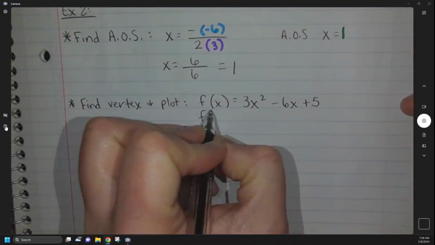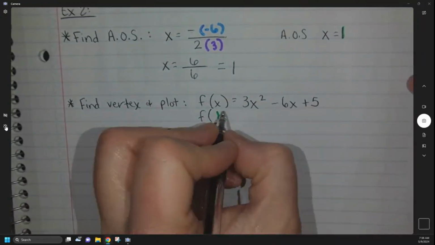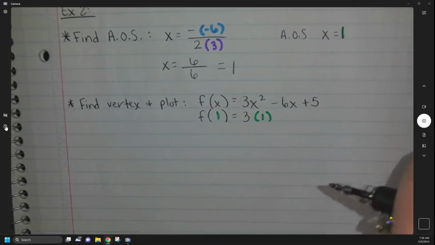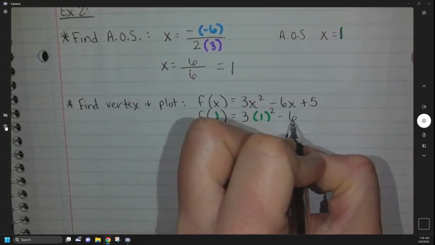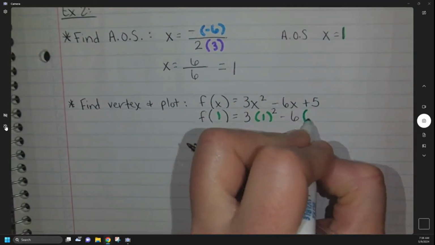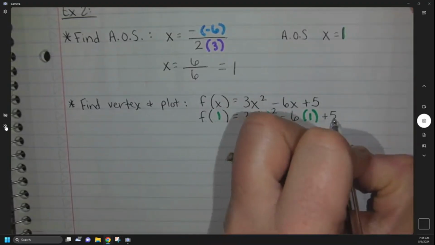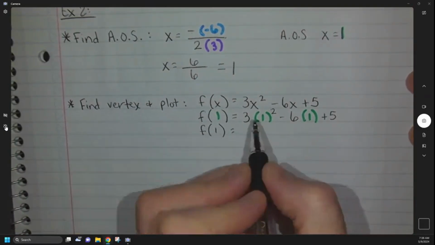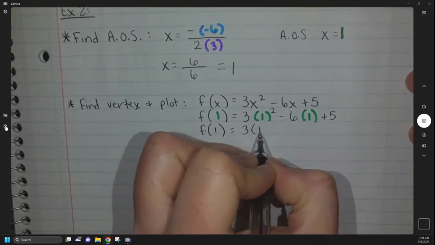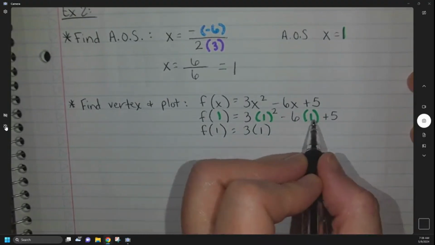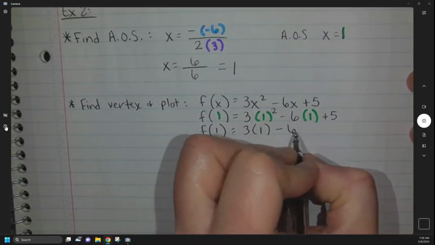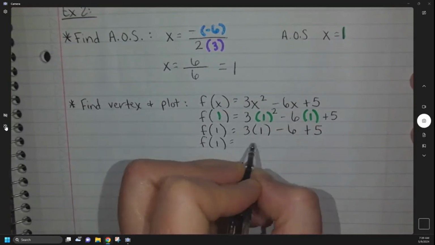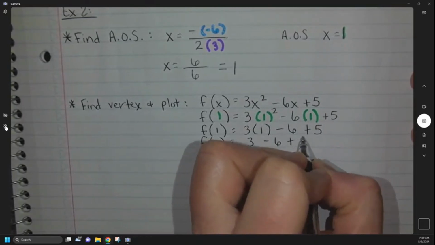So f of 1 equals 3 times 1 squared minus 6 times 1 plus 5. 1 squared is 1, 3 times 1 is 3, negative 6 times 1 is negative 6, and then we've got our plus 5.